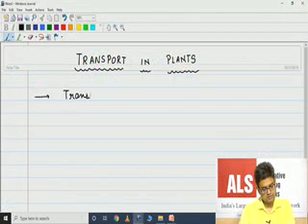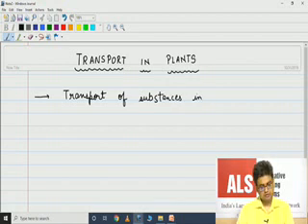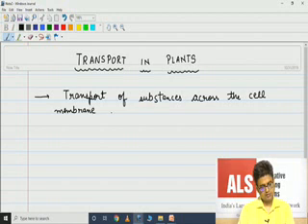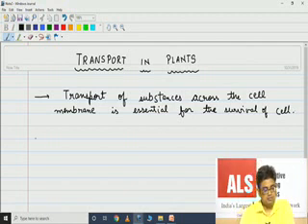When we talk about transport in plants, transport of substances across, not always inside, the cell membrane is essential for the survival of the cell, and the cell membrane plays an important role.